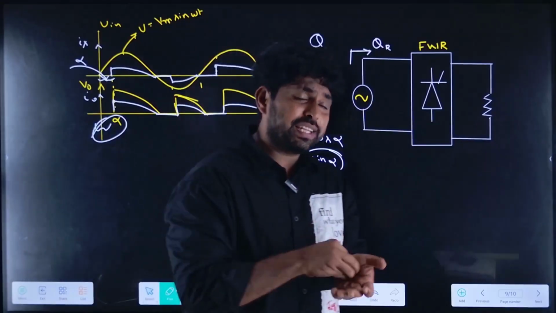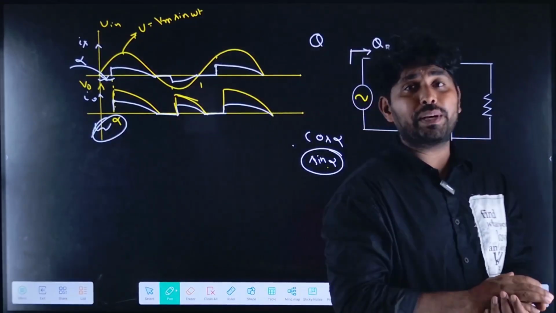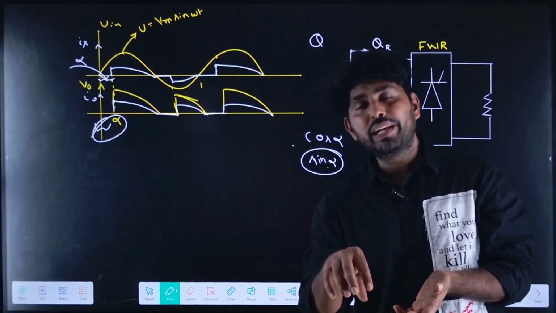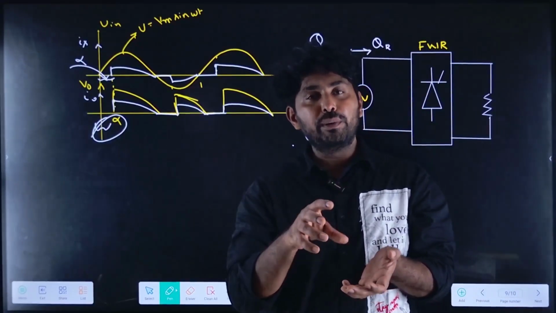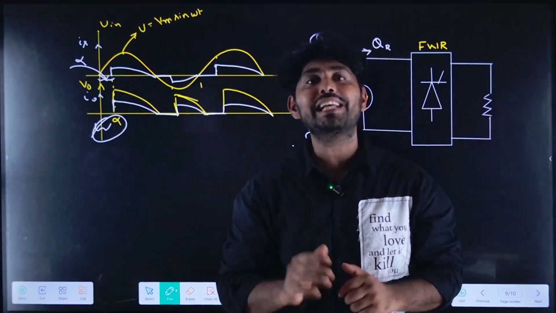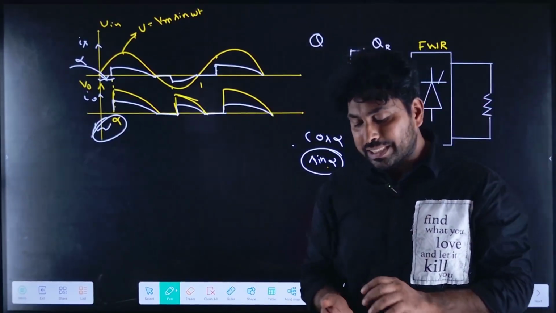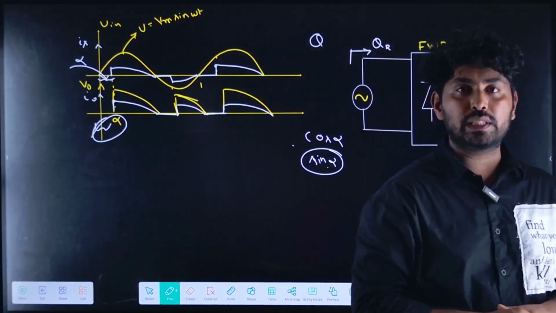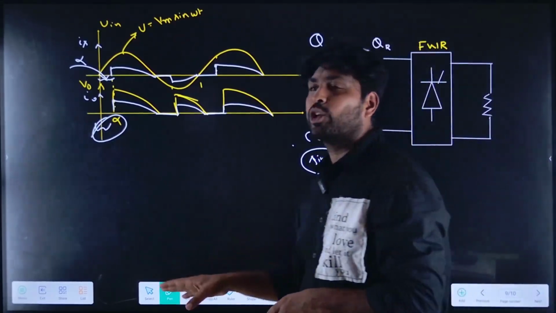If I improve the power factor, for the same power and same voltage, the current required to carry the same power is less. So the size of the conductor also reduces. This is all about reactive power.